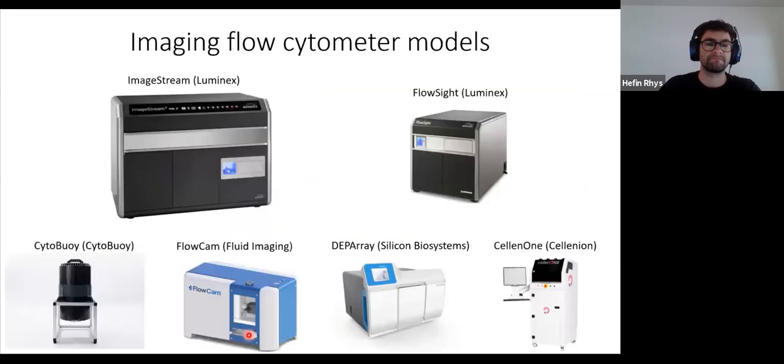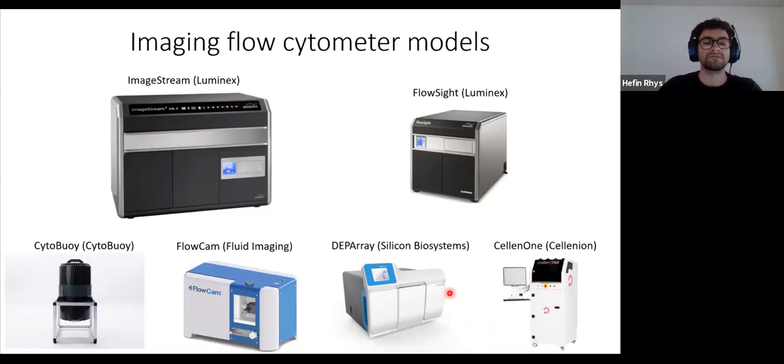So there are a number of imaging flow cytometer models, and some of these, like the CytoBoy or the FlowCam, are mostly marketed towards marine biology labs. And these systems, so DEPArray and CellM1, are sorters. So they sort cells, single cell, into different plates, depending on their morphological features, so their size, for example.